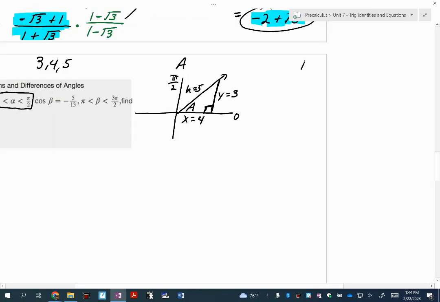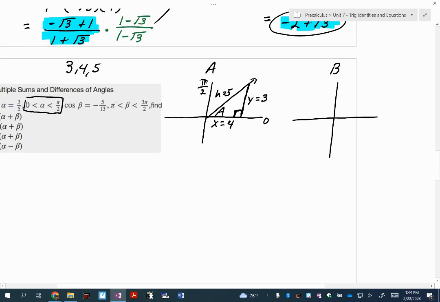Let's do the same thing for angle B. Now, angle B is between pi and 3 pi over 2. So here's pi, here's 3 pi over 2. So that's going to be in the third quadrant. So I've got x, y, and the hypotenuse. I know the hypotenuse is always positive. So that's 13.